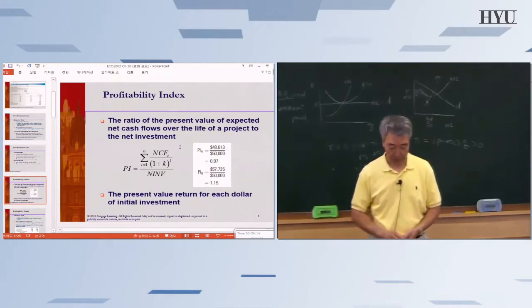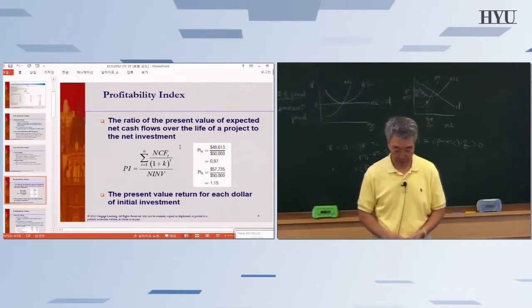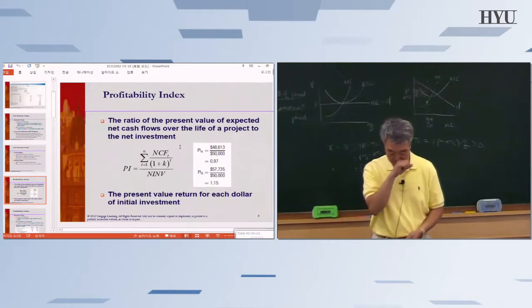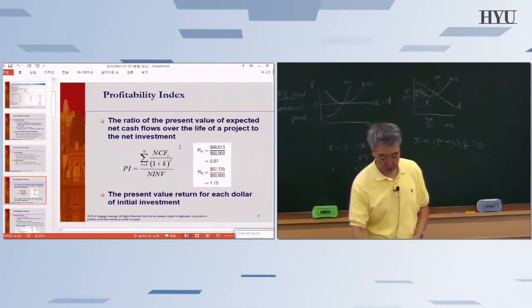All right, second method of evaluating the project is profitability index. As you see here in the formula, it is the ratio of the discounted future cash flows to the net investment.